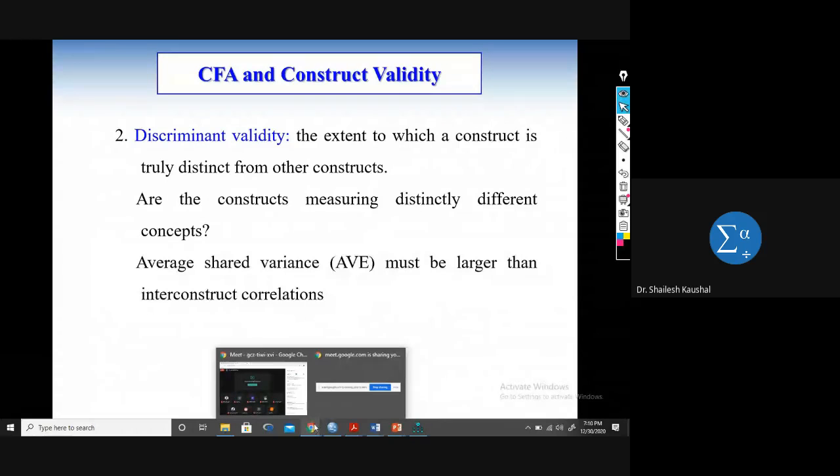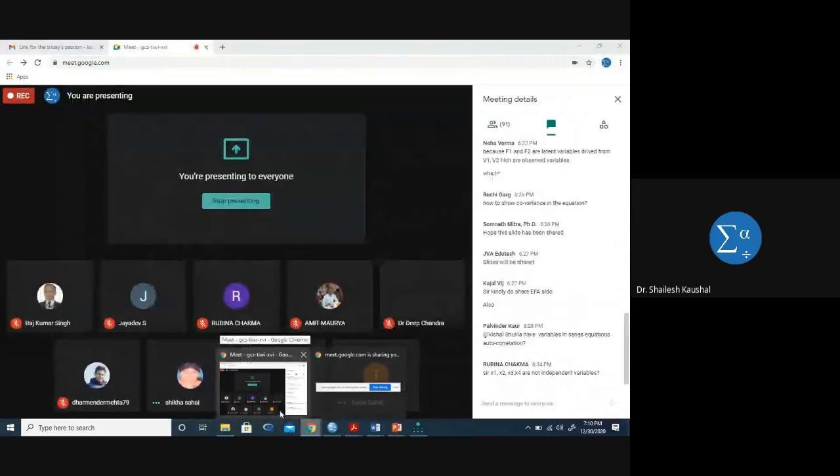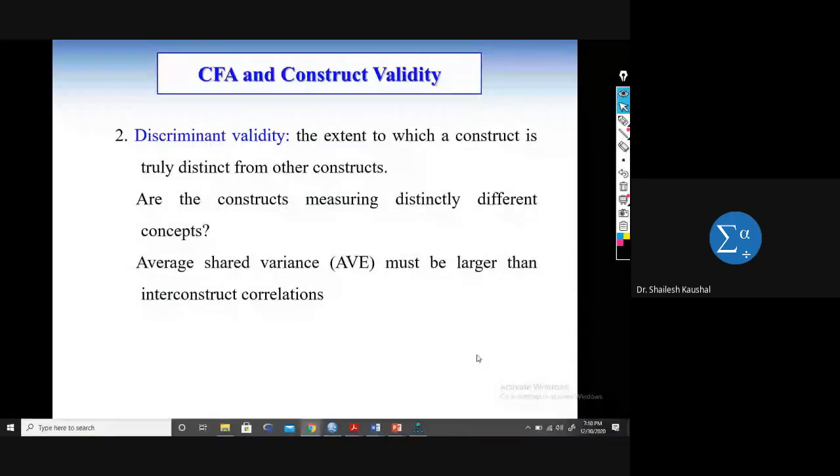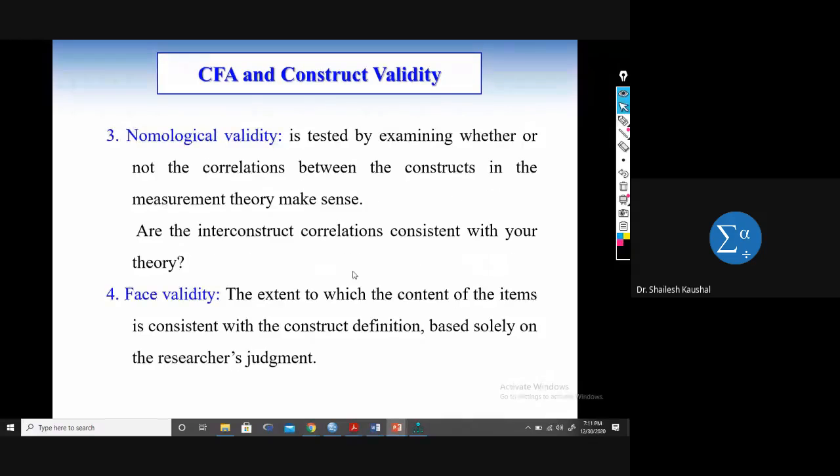Then another term is average shared variance: the average variance extracted must be larger than the inter-construct correlation. I will show you how to find it.